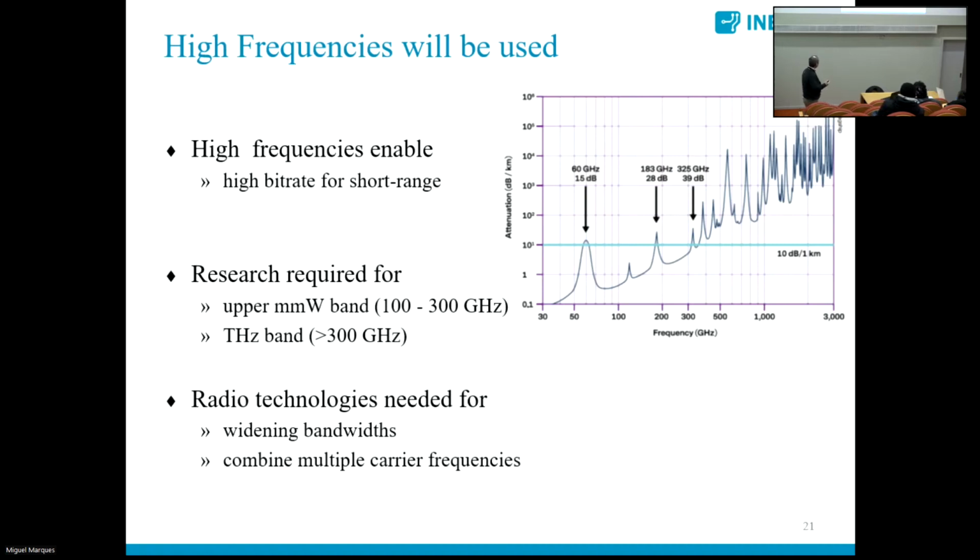That means we need to develop electronics able to equip radios that are going to have very large bandwidths. We don't know yet how to do that, and this technology needs to be developed.